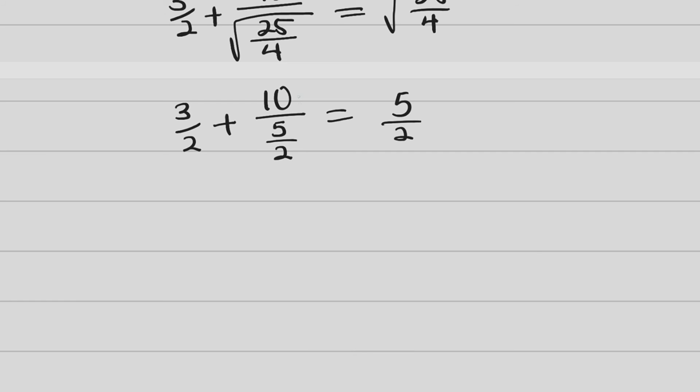If you multiply 10 by 2, you get 20, and divide by 5 is the same thing as 4. So the whole of this expression is the same thing as 4. So we have 3 over 2 plus 4 over 1. We can multiply the top and the bottom by 2 in order to have a common denominator. So we can write this as 8 divided by 2.